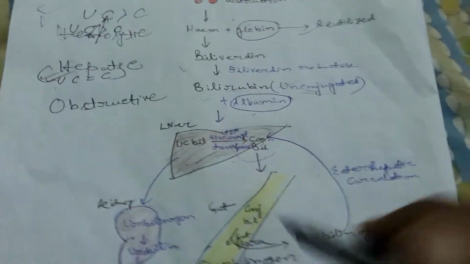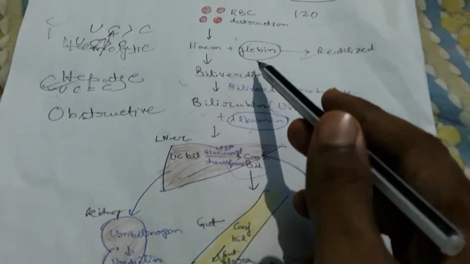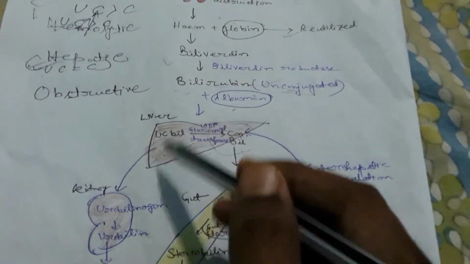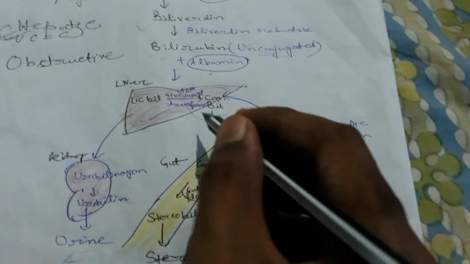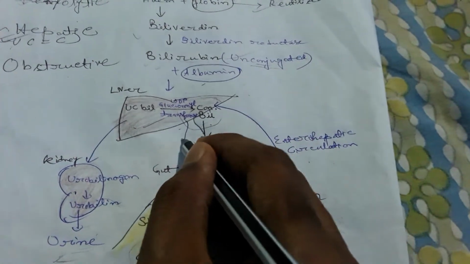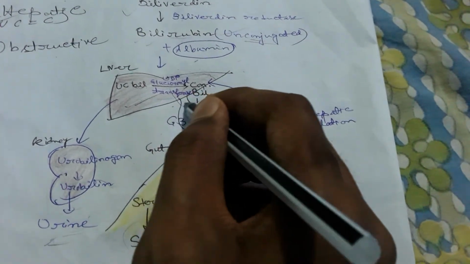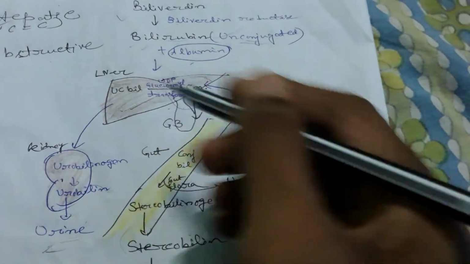Okay, now you come into obstructive jaundice. There is no such hemolytic feature, no such hepatic destruction, but there is obstruction. What is the obstruction? Here in the gallbladder mechanism, some bile duct or anything, there is a problem, there is an obstruction.